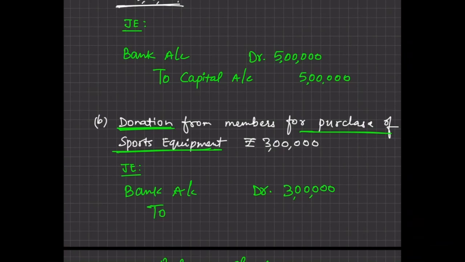So I will create one fund, sports equipment fund account, 3 lakh rupees. That would be the journal entry for this.